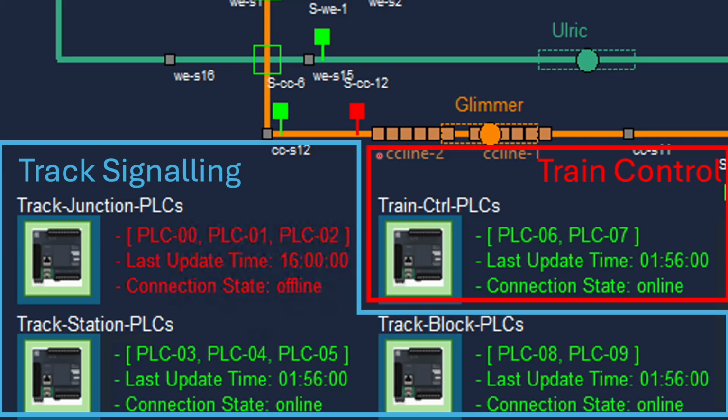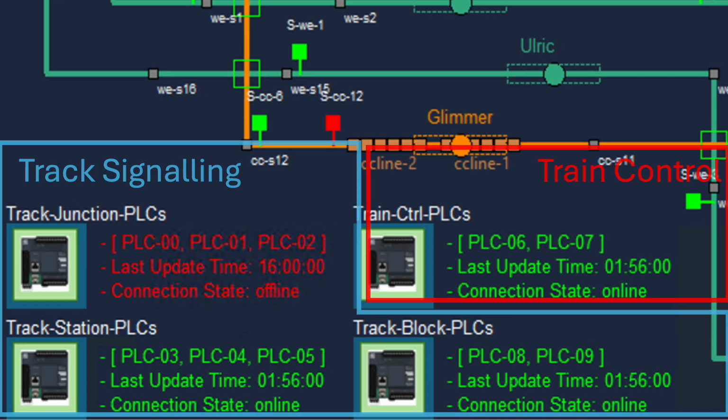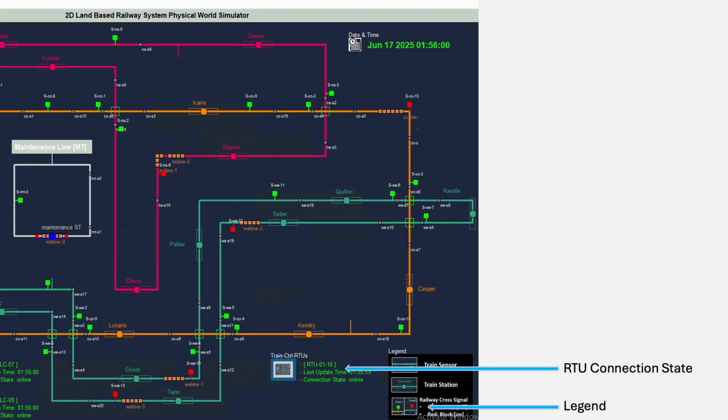Each of these VMs controls several PLCs. The track junction VM controls PLCs 0 to 2 and so on. On the right side of the interface, we have the RTU connection state as well as the legend.